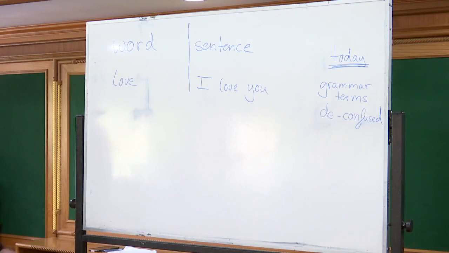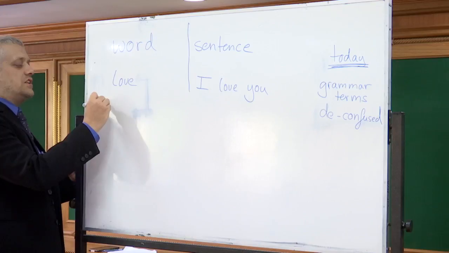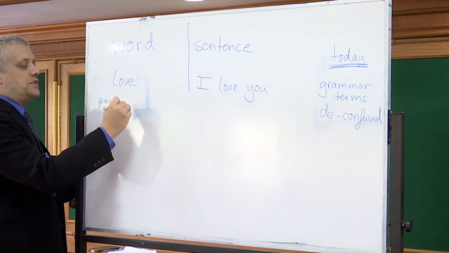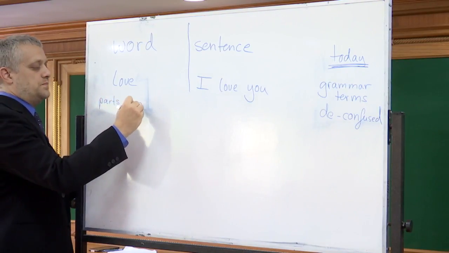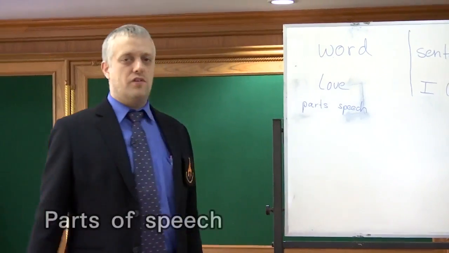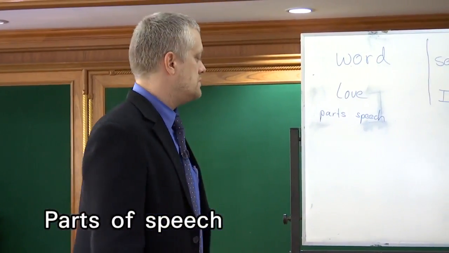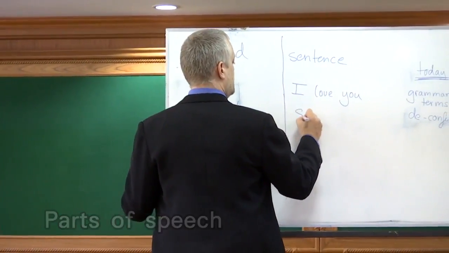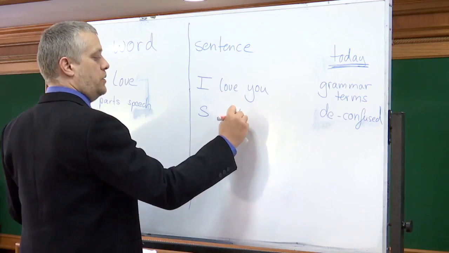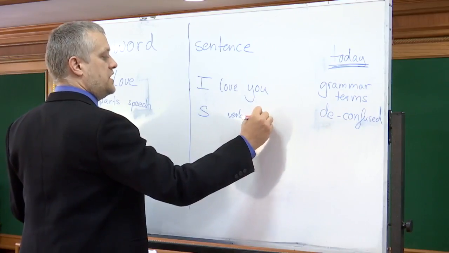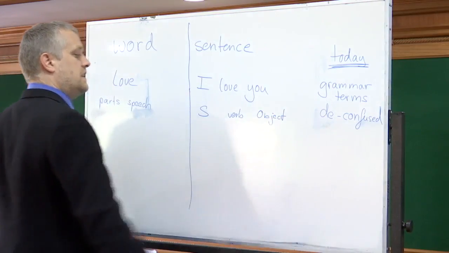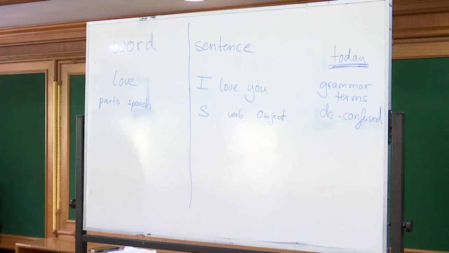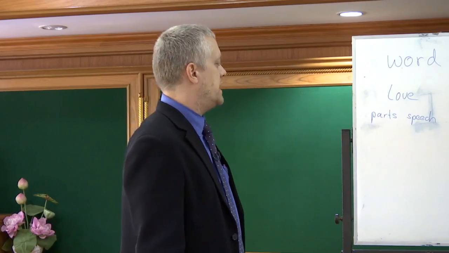So you must have heard of parts of speech. Okay? Parts of speech. And you must have heard of subject, verb, and object. Many have issues with these two lists.